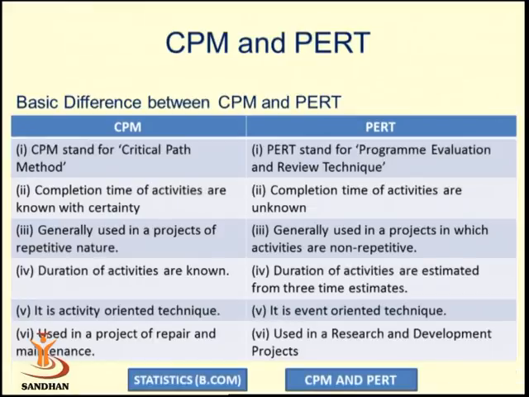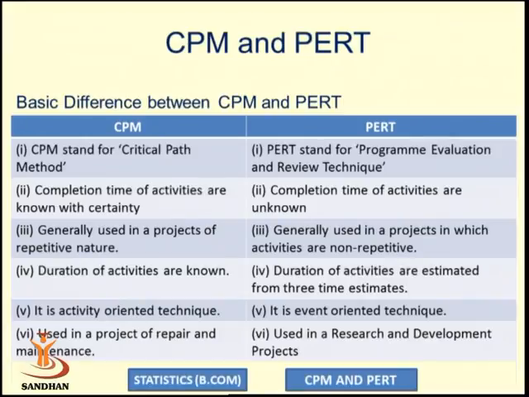In critical path method, the projects should be of repetitive nature, while in PERT, the activities are non-repetitive. In critical path method, the durations of the activities are known, while in PERT, the durations are estimated from three time estimates, that is optimistic time, pessimistic time and most likely time.